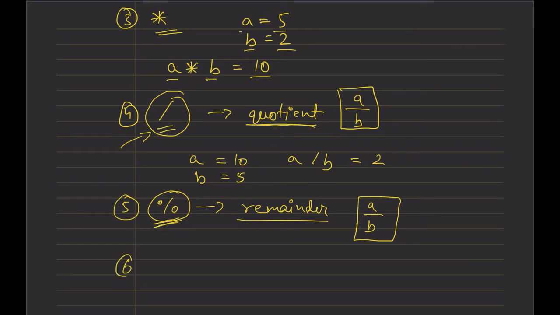The sixth operator is known as the floor division operator, also symbolized by the double slash sign. It is used to divide two numbers, let's say a by b, and express the result as the greatest integer less than or equal to the quotient. So it will return the quotient just like the division operator, but it will give you the value in int data type.